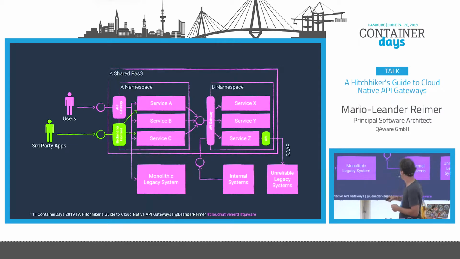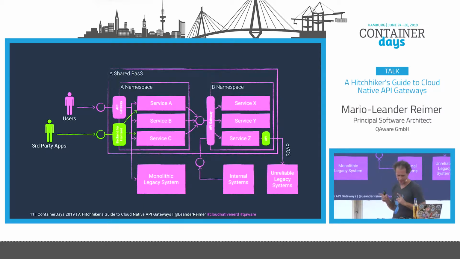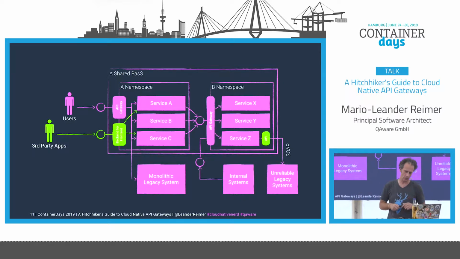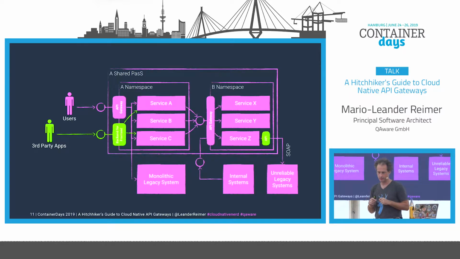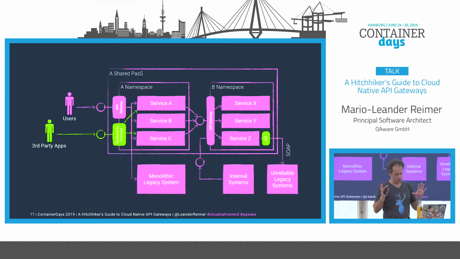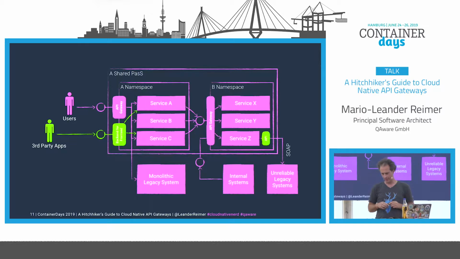And on the right-hand side, I have an outbound API gateway, okay, to talk to this unreliable legacy system. So this is kind of an anti-corruption layer to access unreliable systems, right? So this is what it should look like, or can look like.